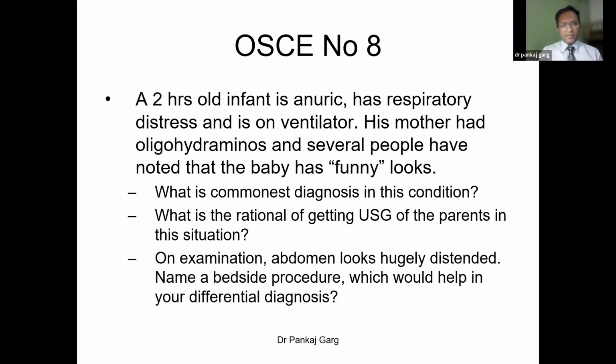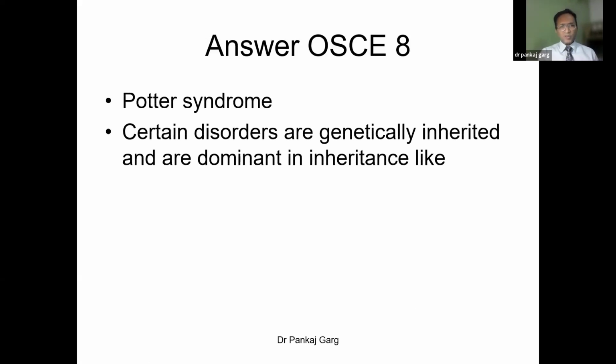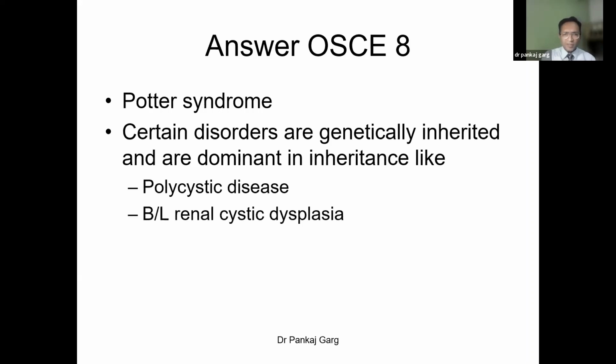Catheterization, very right. I will say catheterization. So that will rule out an obstructive uropathy. So we look at the answers. In Potter syndrome, certain disorders are genetically inherited and dominant in inheritance, like polycystic disease or bilateral renal cystic dysplasia.